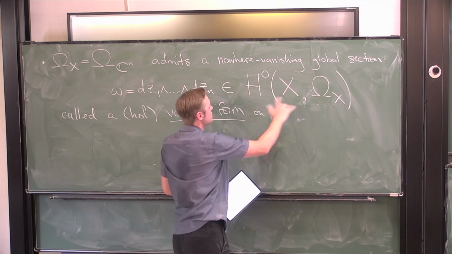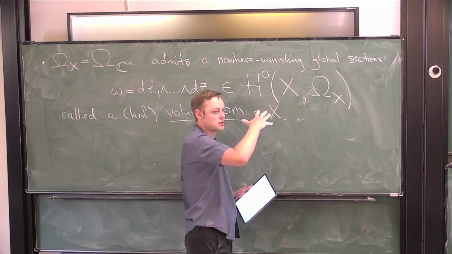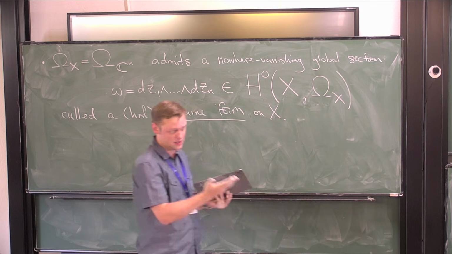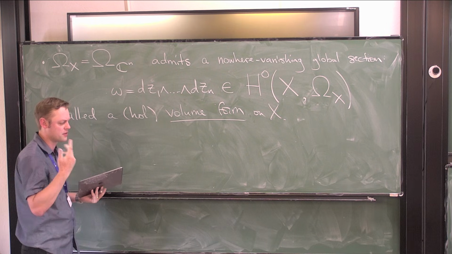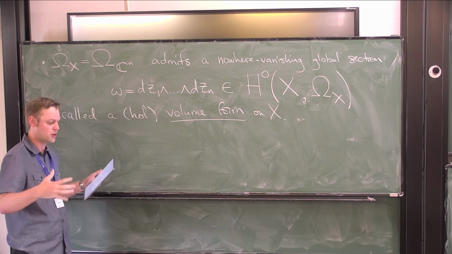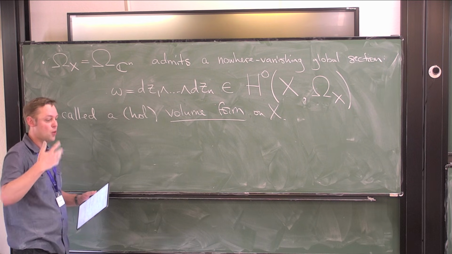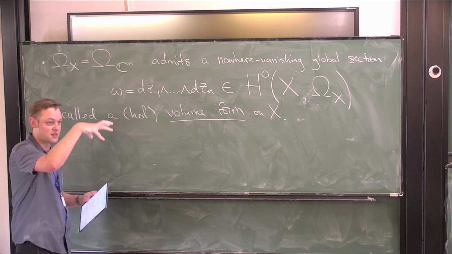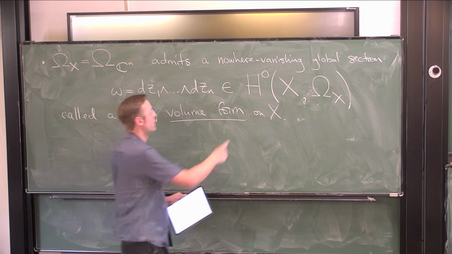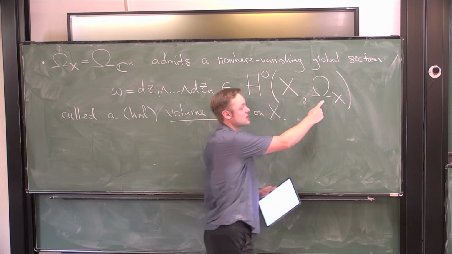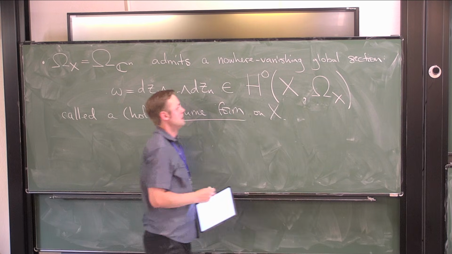But you can just think that H0 means global. Like the de Rham cohomology? Yeah, that's exactly right. Or another thing that you can think of is Čech cohomology. When you have Čech cohomology, you want 0 cycles. 0 cycles are the global things, right? 1 cycles are the things that are defined on double intersections. So if I were interested in that type of thing, I would look at H1 of X with values in this.